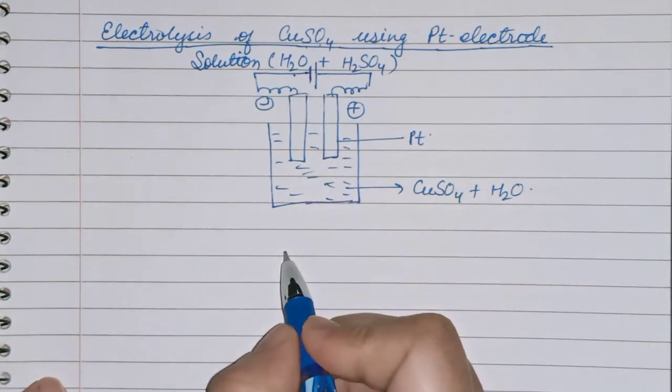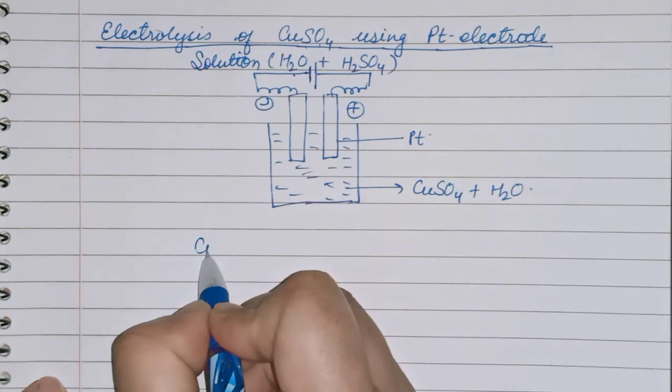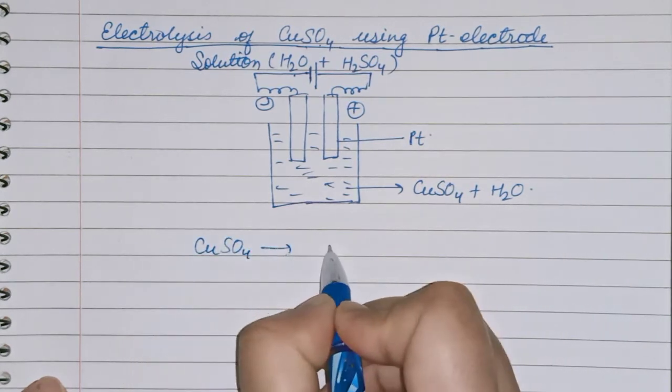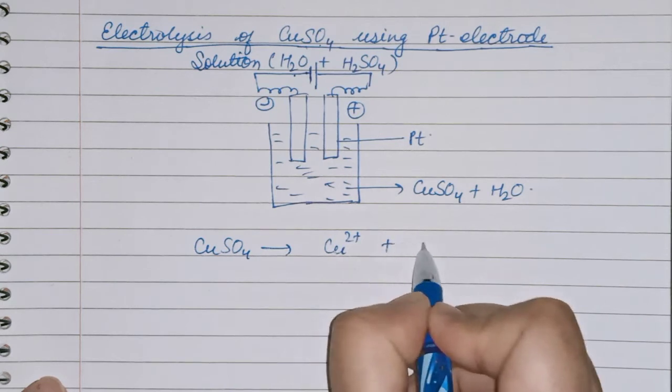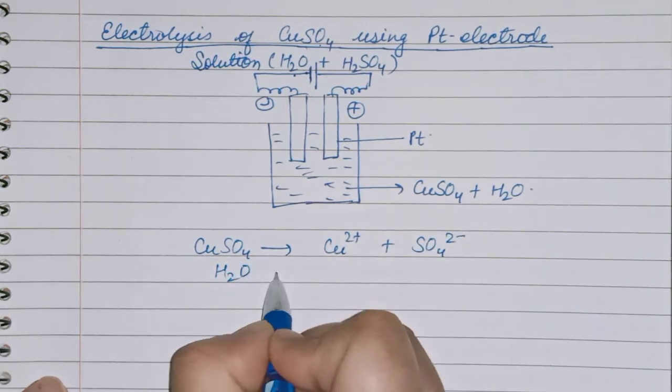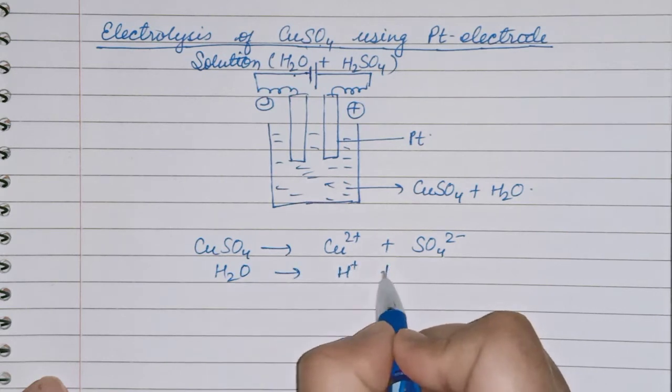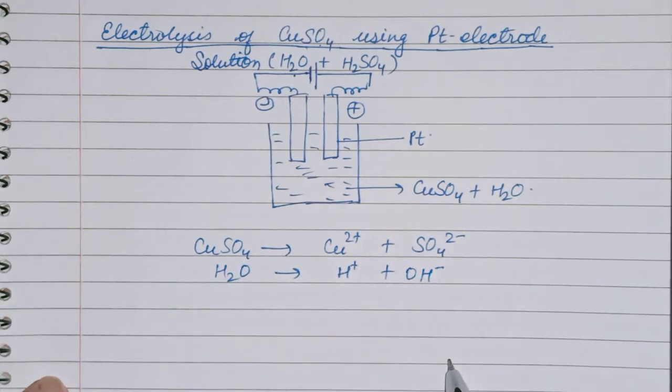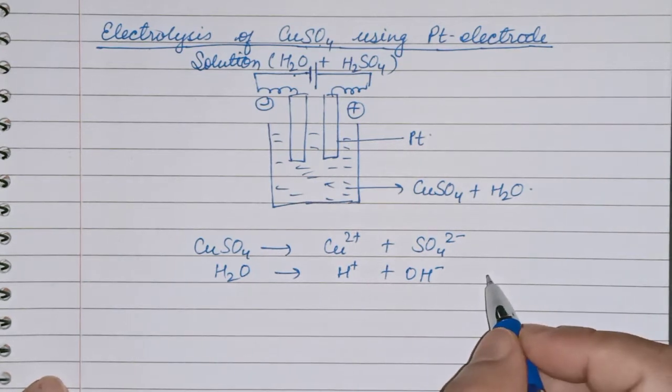Now see here, copper sulphate will dissociate into Cu2 plus and SO4 2 minus ions, and H2O dissociates into H plus and OH minus ions. So dissociation of ions is taking place like this.